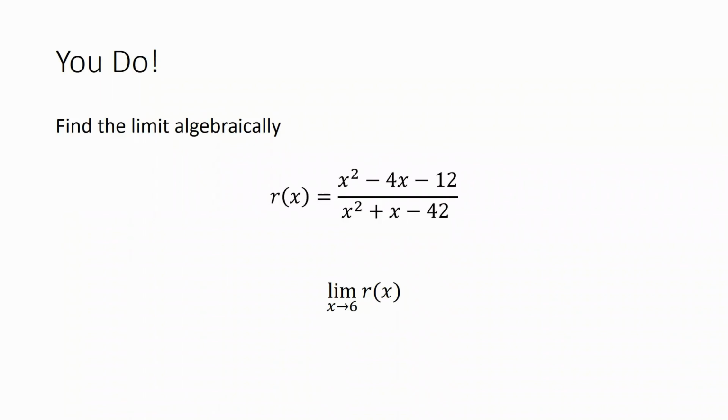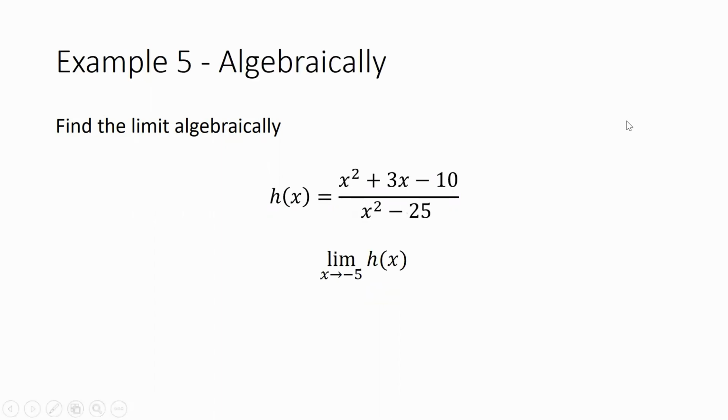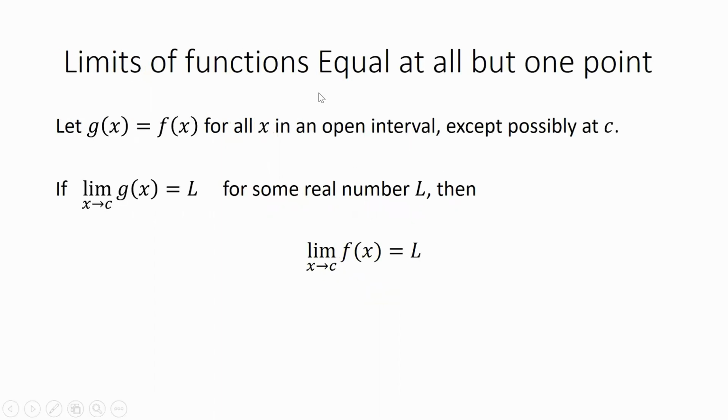So what I would like you to do right now is to find the limit of the function r of x given here as x goes to 6. Use the same technique of creating a function, or at least understanding this idea that we can cancel terms and they're equal in all but one spot.